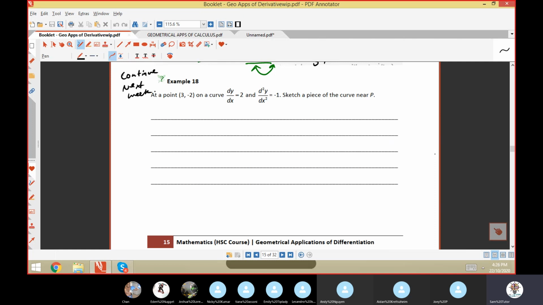Have a think about it. What does it mean? What does y double dash mean when it's like that, or like this, or y dash?